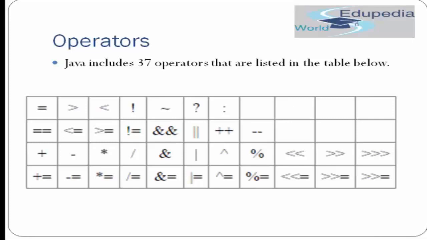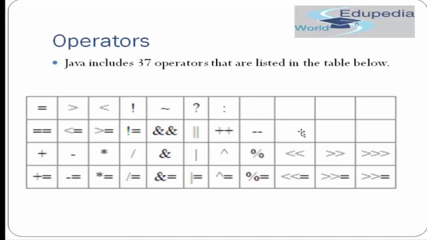Some of these operators you might have already seen. For example, the plus sign is for addition, minus is for subtraction, the star sign is for multiplication, and then there's a division sign. You can also see the sign of modulus, which will give you the remainder. Then you must have seen the or and and symbols if you have ever coded in C or C++.